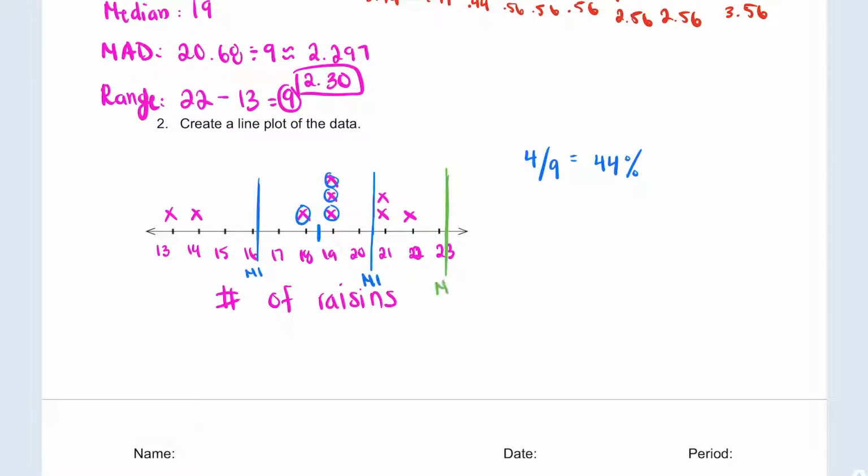So here is M2, my first M2 fence. 18.44 minus 2.3 was 16.14. We're going to subtract another 2.3, and now we're at 13.84, which is approximately right here. And so here's our final M2 fence.